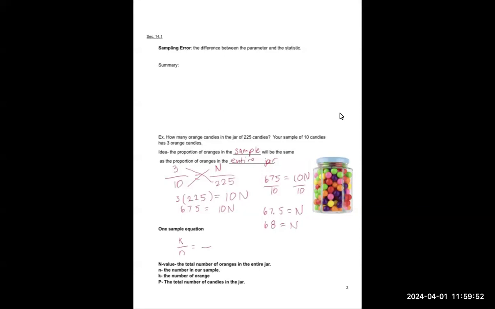Then the number of oranges, the number that you're trying to find here, is the capital N, and the capital P is the number of total candies in the jar.